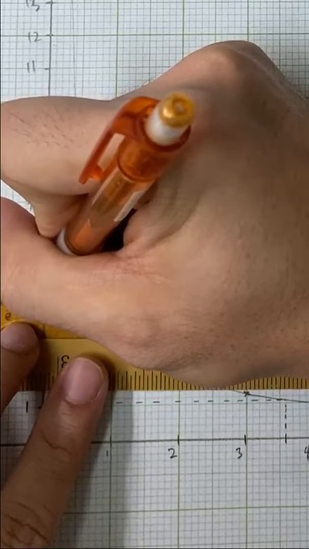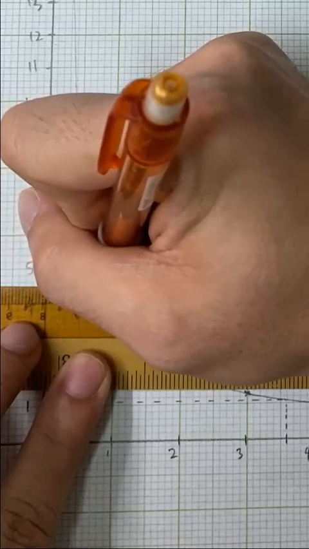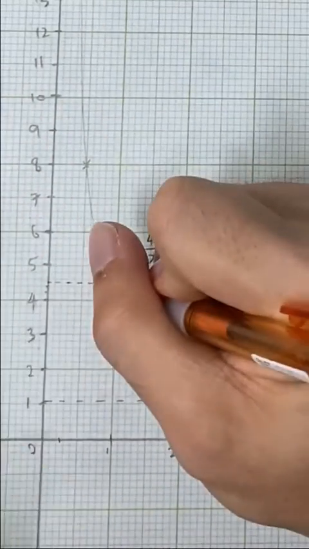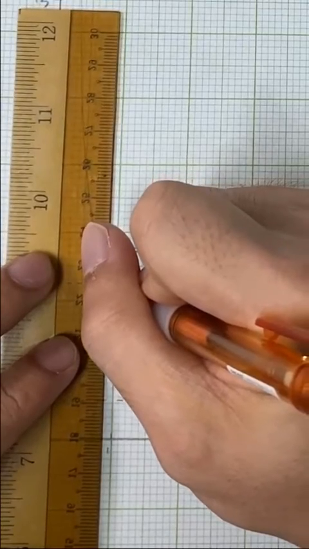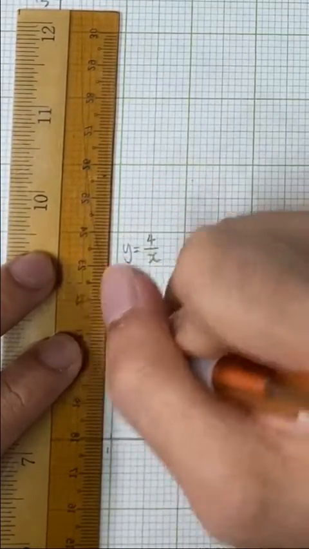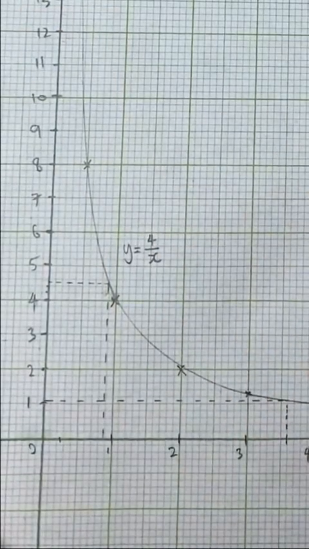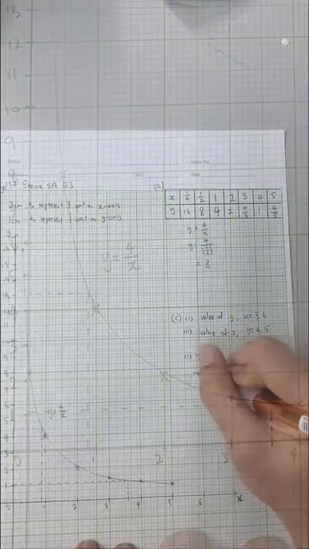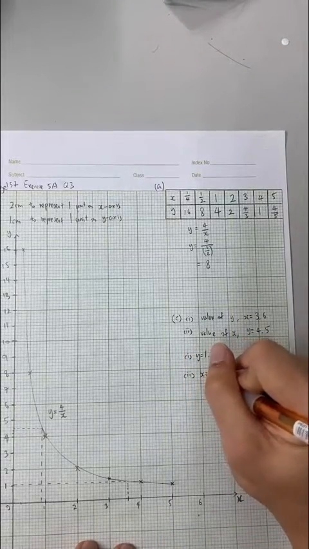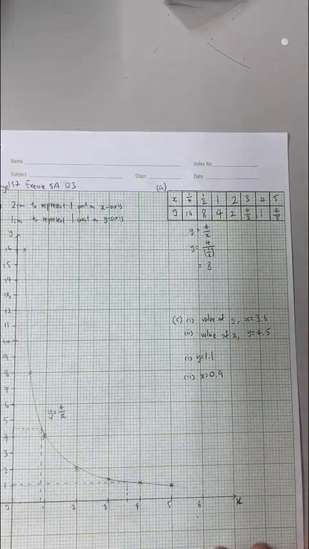So again, draw a dotted line over, and then we draw a dotted line down. Which looks like it's about 0.9. And there we have our answer.